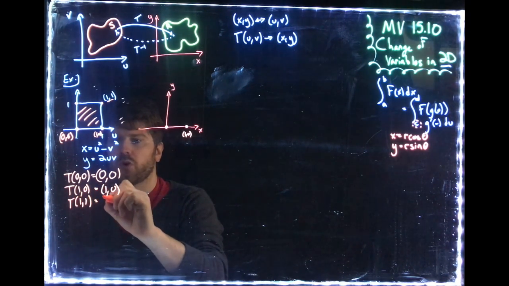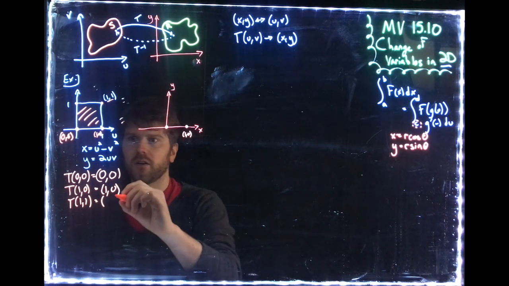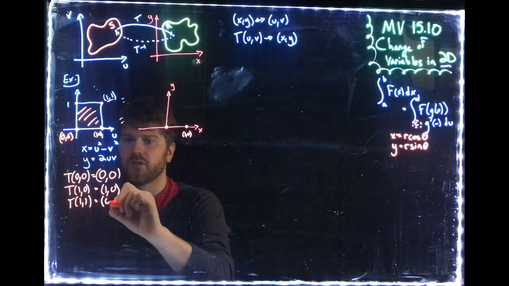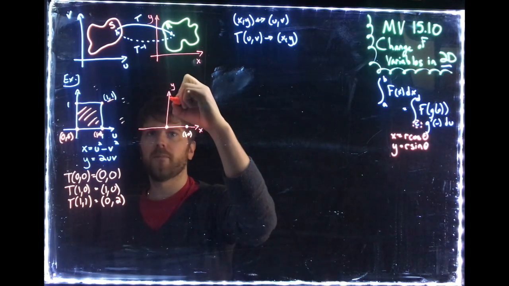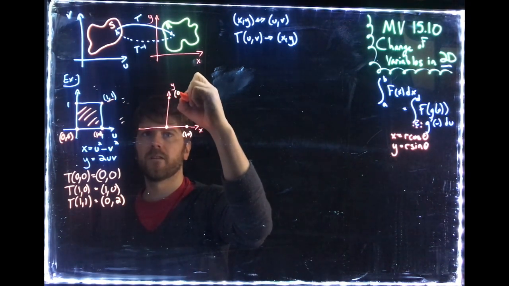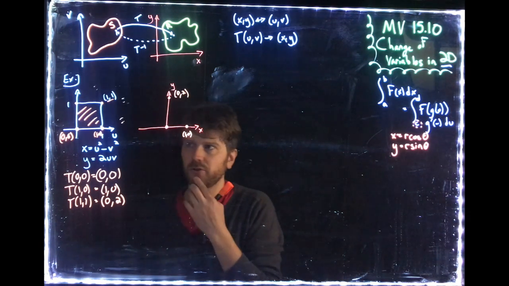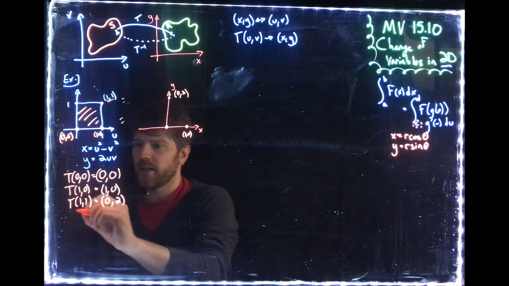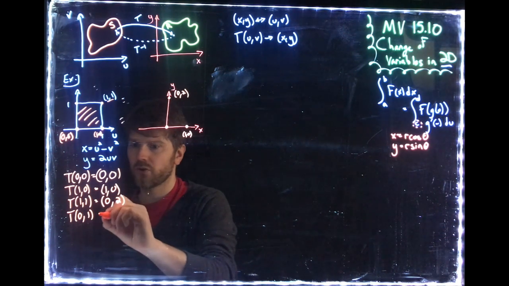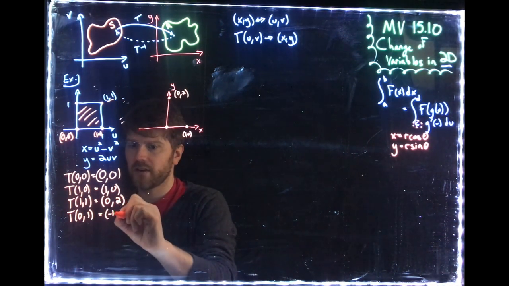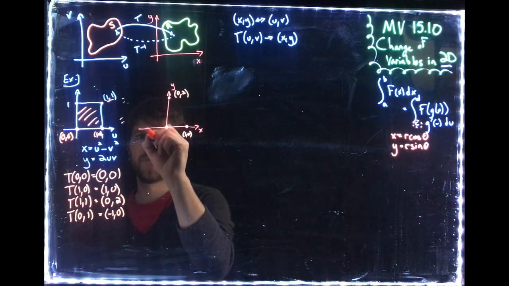Well, if I plug in 1, 1, I get the point 1 minus 1 is 0, 2. So all of a sudden this point 1, 1 maps to the point 0, comma 2. Interesting. And if I go look at the point 0, 1, which is my last corner, this actually goes to negative 1, comma 0, which is over here.